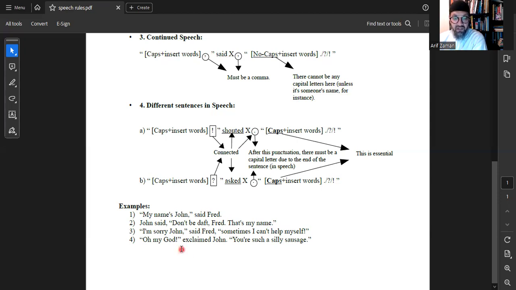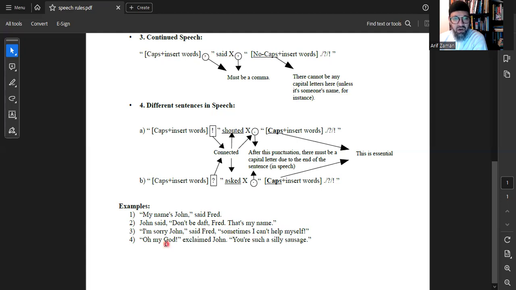This emphasizes the fact that "oh my God" is its own sentence. And that explains why there has to be a capital Y here. Because unlike number 3, which was one sentence being interrupted with said somebody, and that explains why you have to have the small s, because it's actually just one sentence being interrupted.